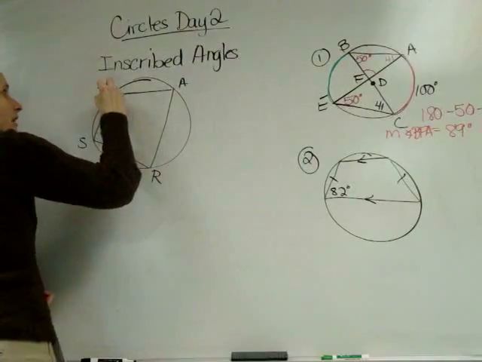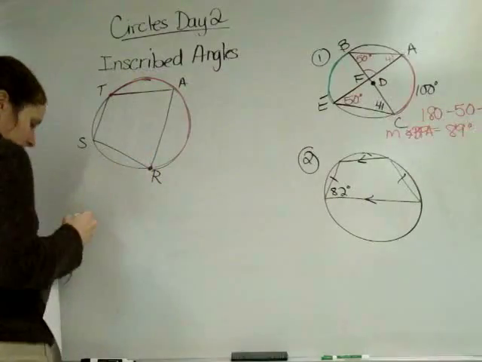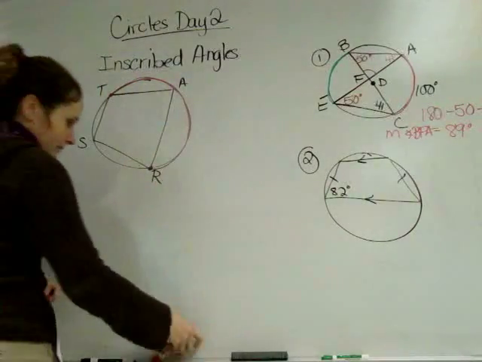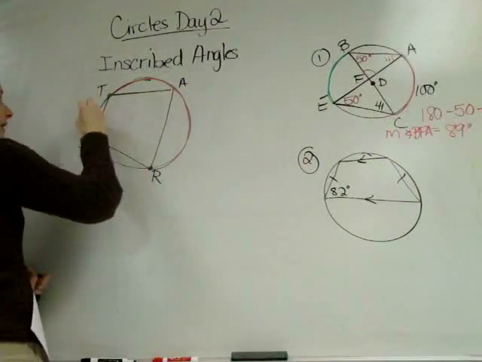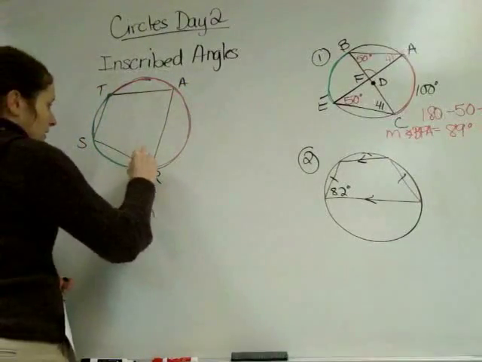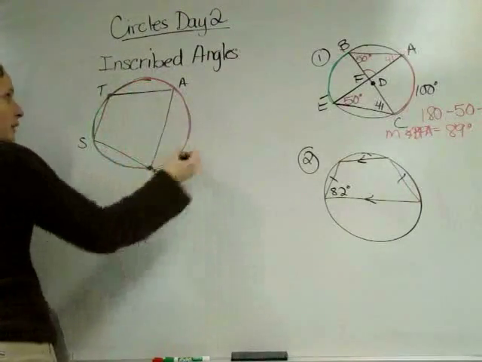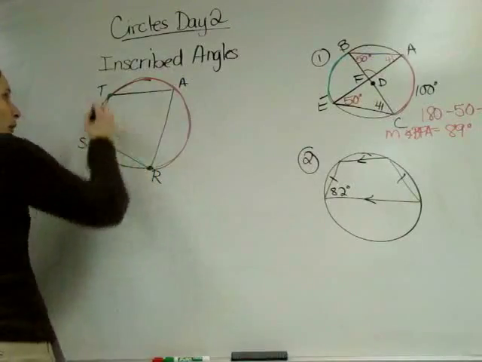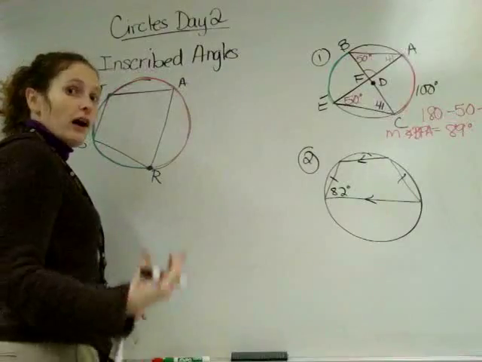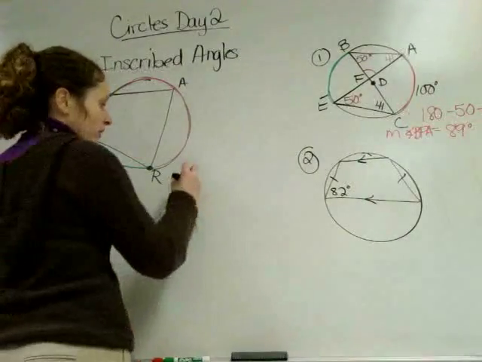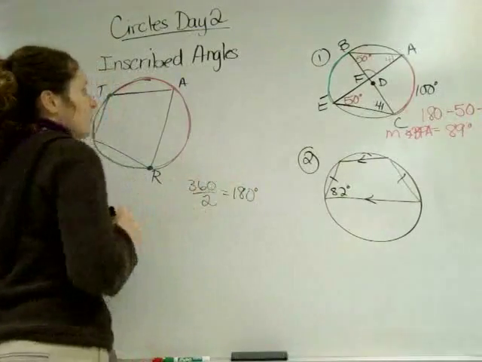Angle S intercepts arc TAR. Angle A intercepts arc TSR. Do you see how the two intercepted arcs make up the entire circle? Well, if both arcs are making up the whole circle and we're taking half the measures of the intercepted arcs to find the angles, half of 360 degrees is 180 degrees.